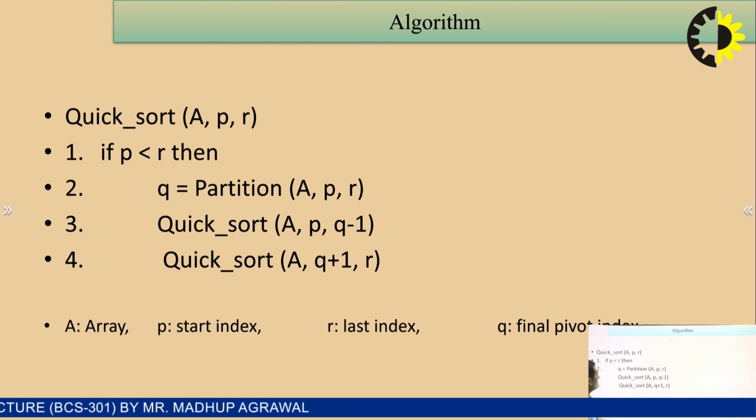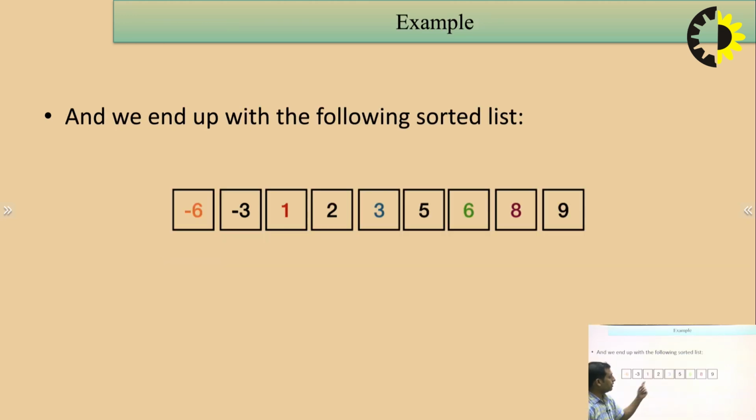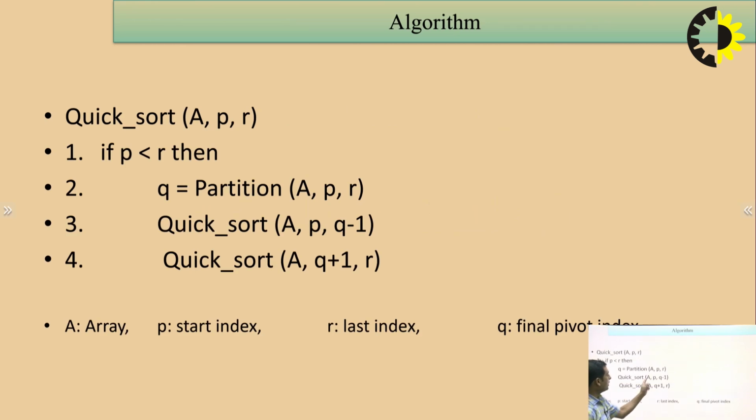Q is the position of the pivot element, and again we apply quick sort to the left subarray. The left subarray has the starting index P and last index Q minus 1, because Q is the pivot element here.